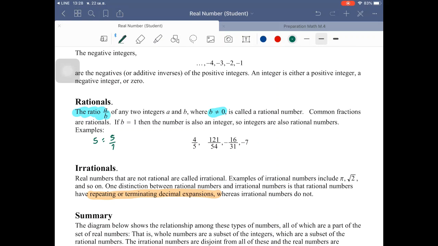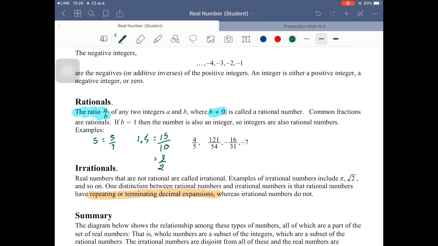Okay, 1.5 is also another example of a rational number because you can write it as the fraction 15 over 10 or 3 over 2.